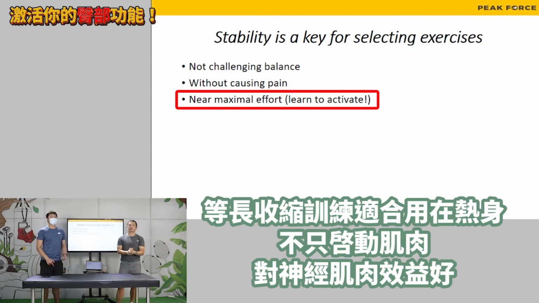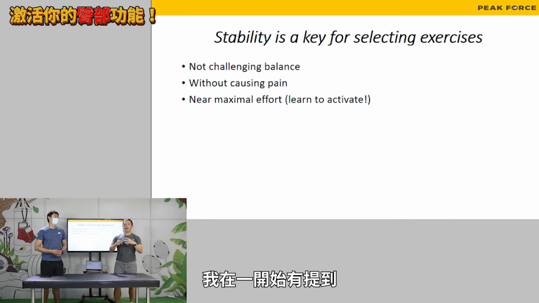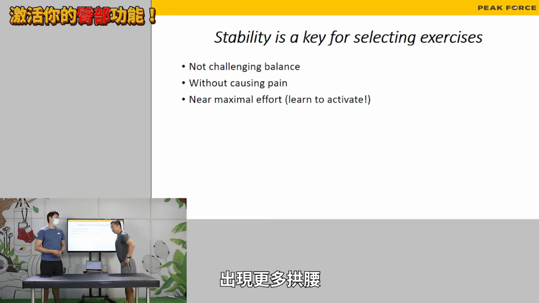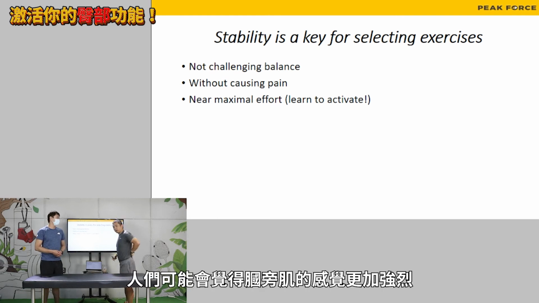And I mentioned in the beginning that if you have more the anterior tilt, like a high arch on your lower back, okay, people might feel so much more on the hamstring. It does happen.